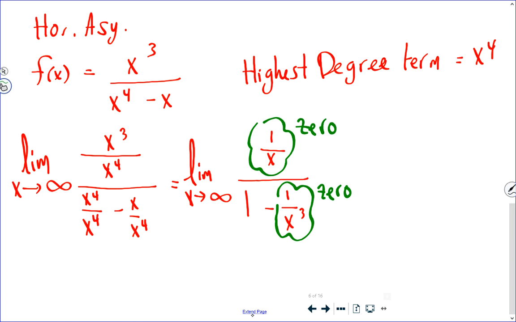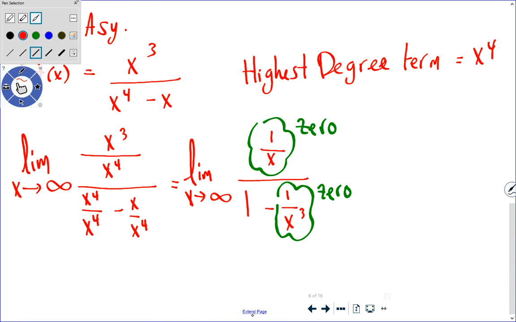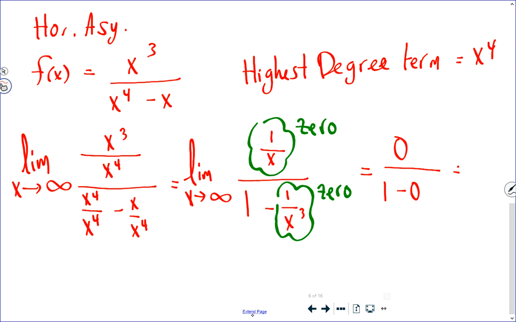And that means that this limit can be evaluated essentially by putting infinity in right now. If we had 1 over infinity on the top, you get 0, and on the bottom we get 1 minus 0. Well, that's 0 over 1, which means that we have a horizontal asymptote at y equals 0, because 0 over 1 is 0.